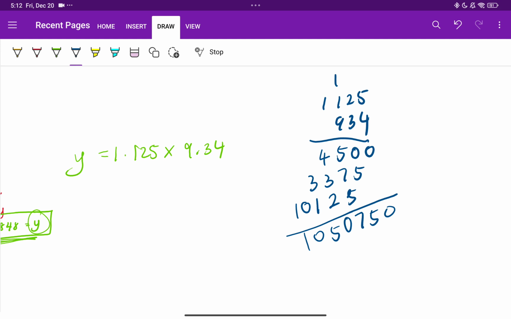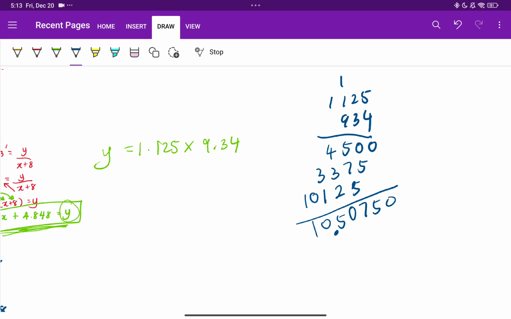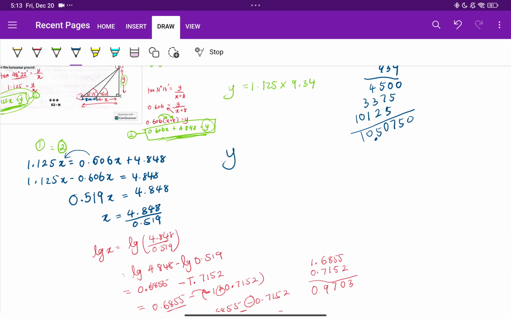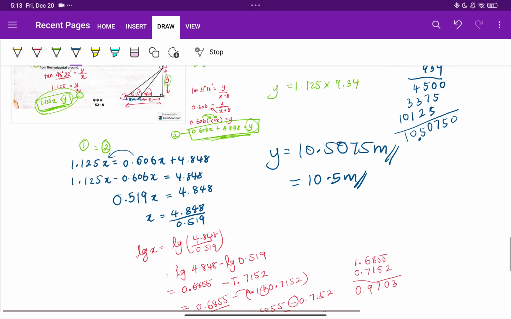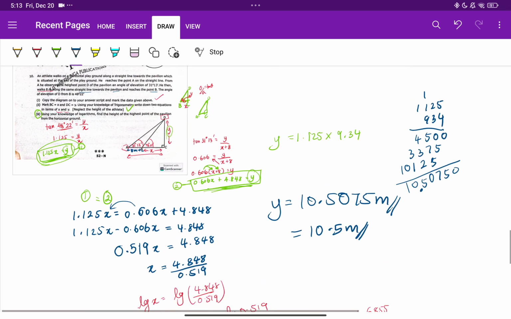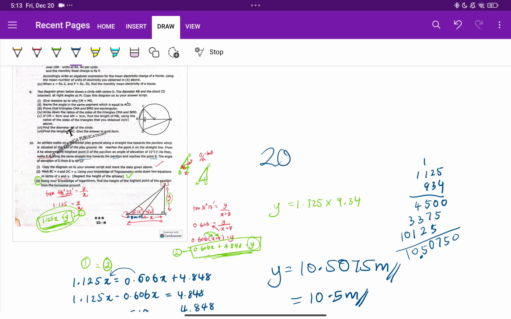So that would be 10.5075. So the length of the highest point in the pavilion would be 10.5075 meters. So we can round this off to 10.5 meters. That's the end of the trigonometry question from 2002 O level.